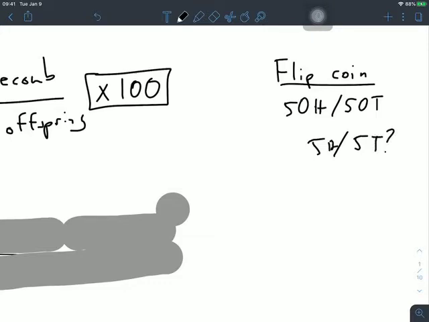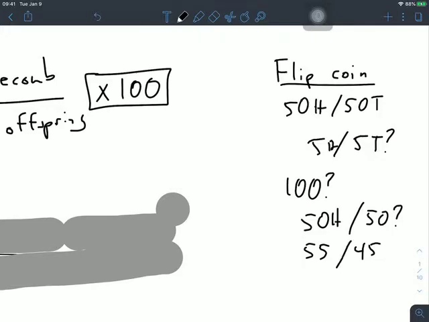If you flip it 100 times, are you expecting 50 heads and 50 tails exactly? No, you might get something like 55 and 45, even if that coin is still actually 50-50.